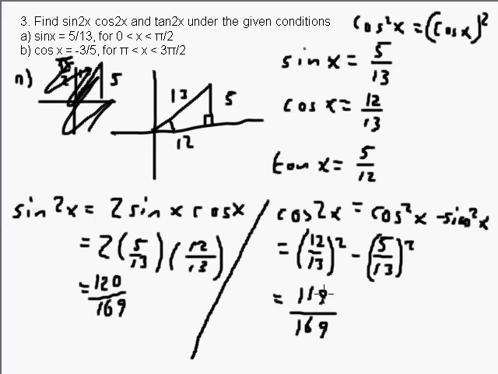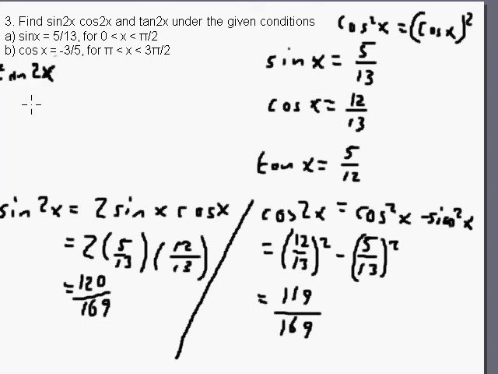Okay, now, get me some eraser here. I need to get this out of the way. So what I've done is I've written the tan 2x up here. Sorry, it's getting late. Tan 2x is equal to, now I could do this in one of two ways, either the hard way or the easy way.